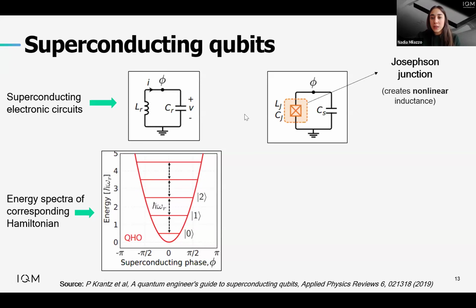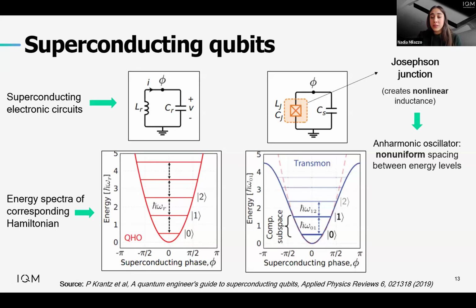And we can achieve this isolation of this lower energy level by introducing another element in the superconducting circuits, which is usually a Josephson junction. We don't need to know the details of what this junction is, but what we need to keep in mind is that this element introduces some non-linearities in this spectrum, and this is what gives us the possibility to obtain something that is not uniform.